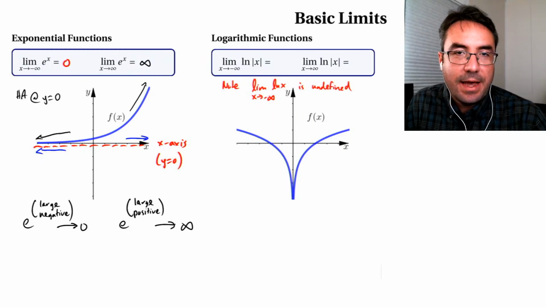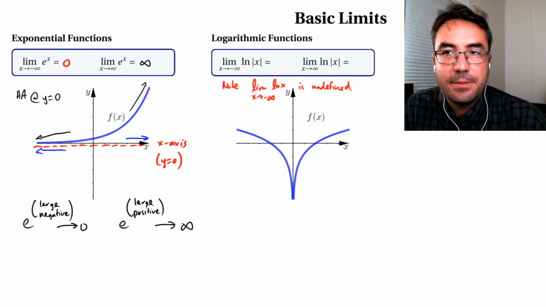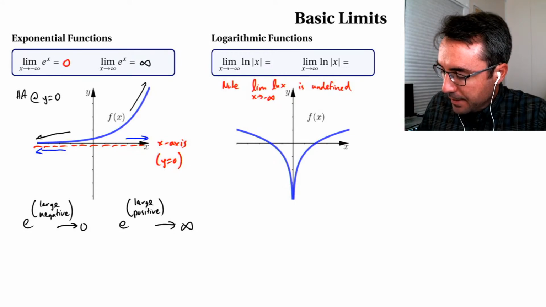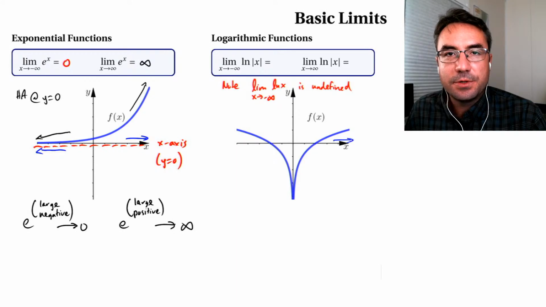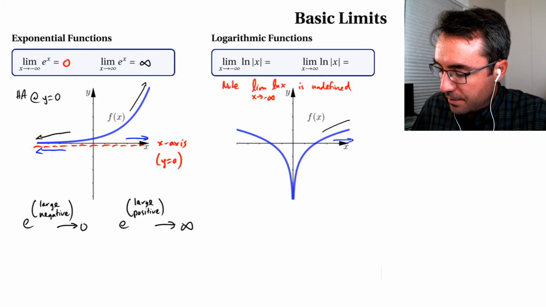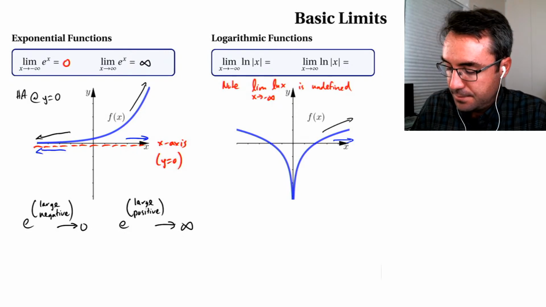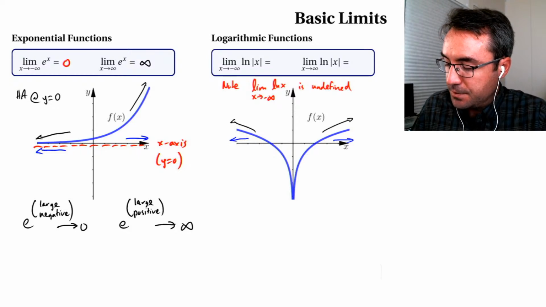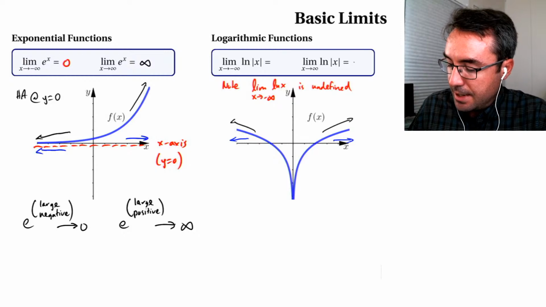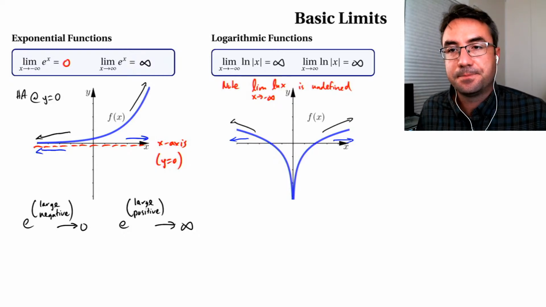But if we did have an absolute value around that x, then we could talk about the left side limit there. And what we see in either case is that as our inputs get larger positive or larger negative, the output of our function is growing, and it's getting larger and larger as well. So in either case here, as we move to the left or to the right, the log function grows and it gets large positive.